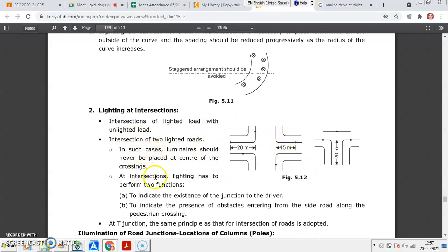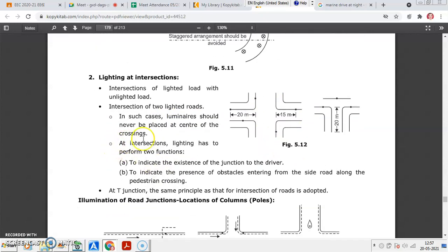So at the intersection of two roads, crossing, in such cases luminaires should never be placed at the center of the crossing. Particularly if you have a big circle then that is different, and if it is just a crossing, then you should not put any lamp post at the center.